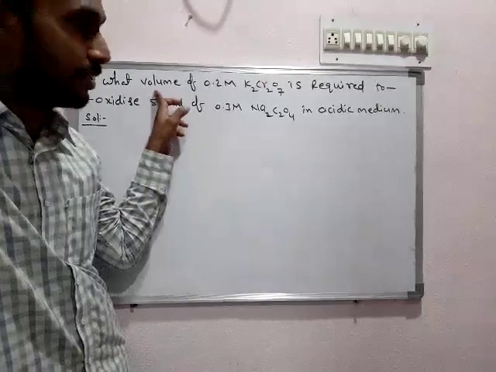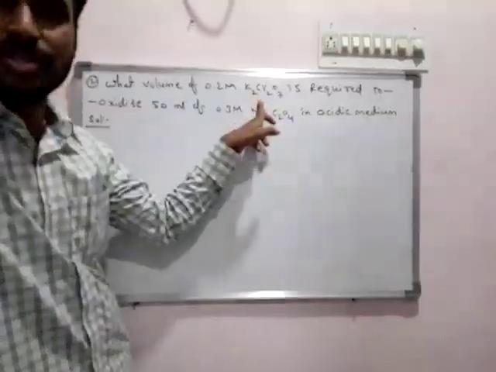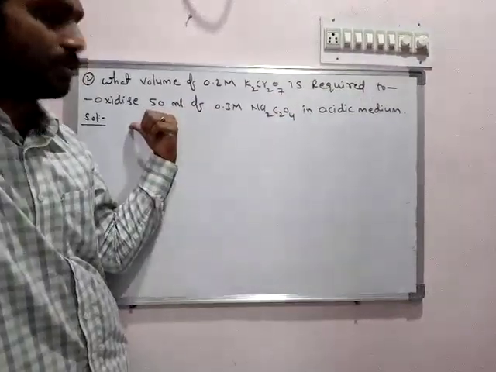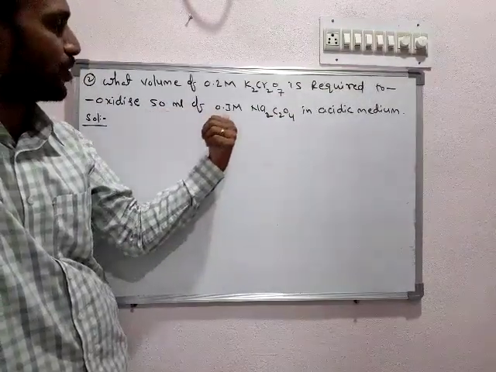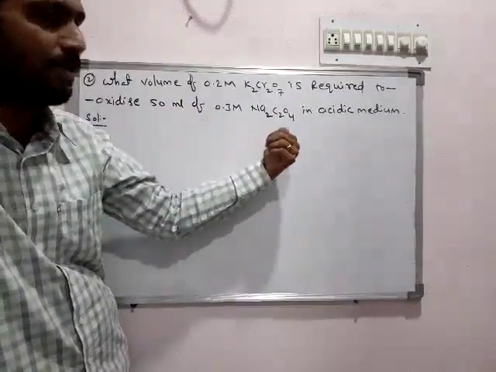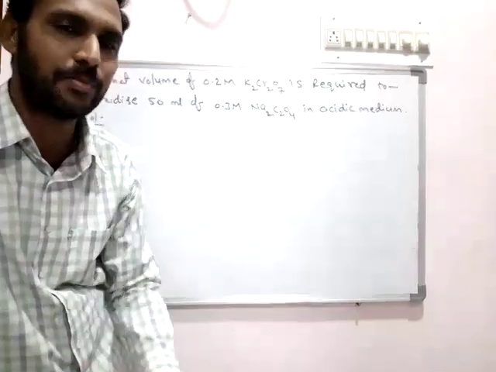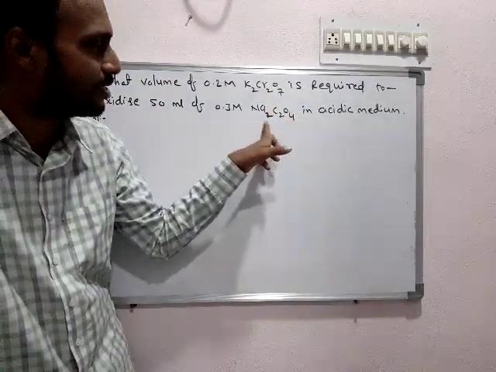What volume of 0.2 M potassium dichromate is required to oxidize 50 milliliter of 0.3 M sodium oxalate in acidic medium? It is exactly similar to the earlier problem, but here the changes are the oxidizing agent and what is oxidized.